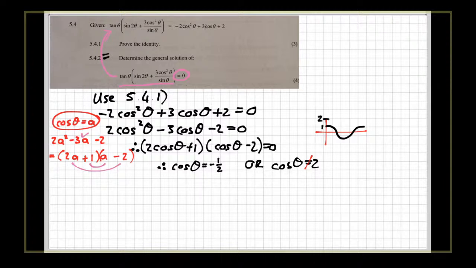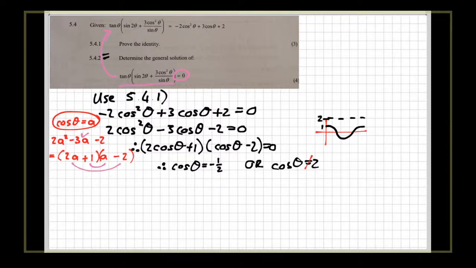So therefore, cos theta cannot be equal to 2. Something you might learn from me today is I relate everything I do back to graphs. I love that because then it makes visual sense. For instance, why cos theta can't be 2 or 3 or negative 2. I don't like to just punch stuff into my calculator and get answers. I like to visualize everything.